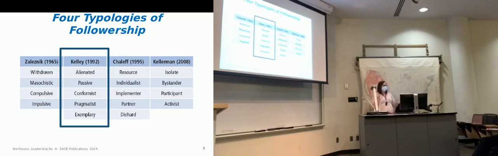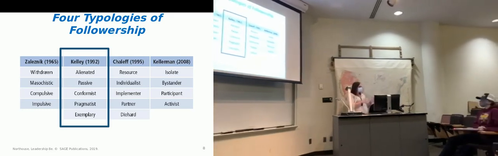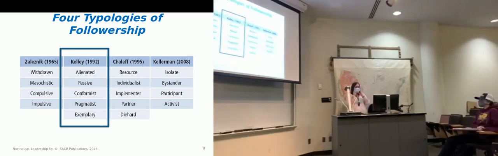So Zaleznik's idea of followership teetered out a little during that time, but then in the early 90s, it got picked up again. And Kelly was one of the guys that said, I think we need to start looking into this a little bit more.